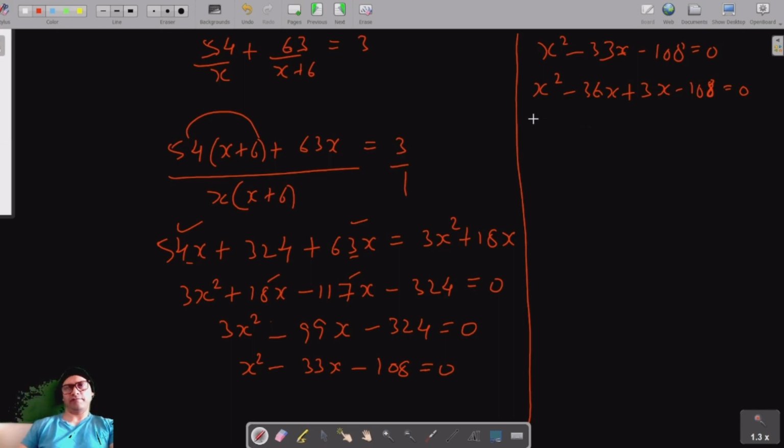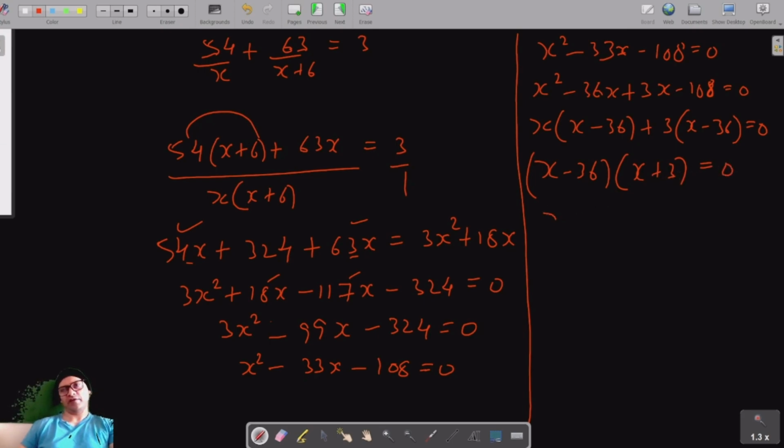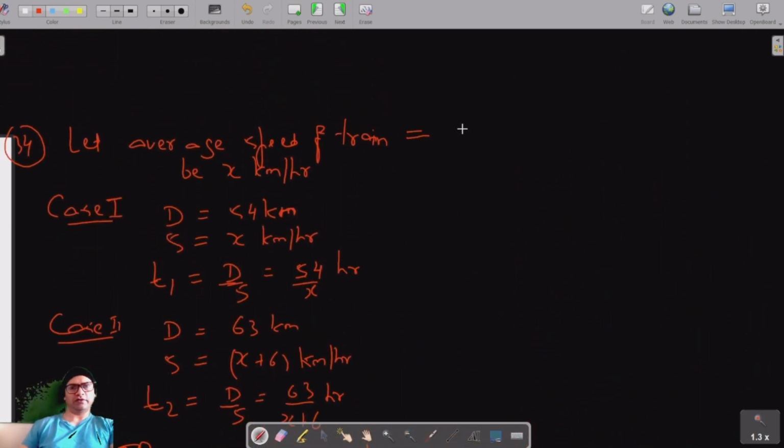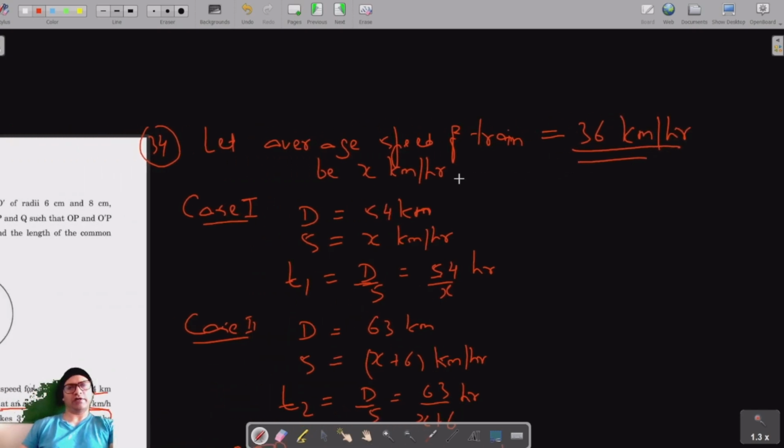So this is x into x minus 36 plus 3 into x minus 36 is equal to 0. So x minus 36 is common. So this is x plus 3 is equal to 0, which gives us x is equal to 36 and x is equal to negative 3, which is not possible. So the average speed of the train is equal to 36 kilometer per hour.